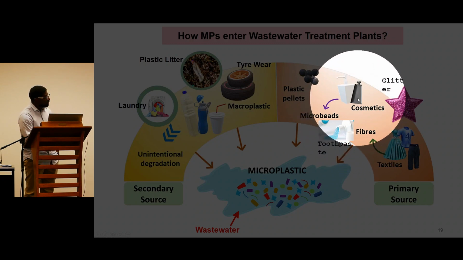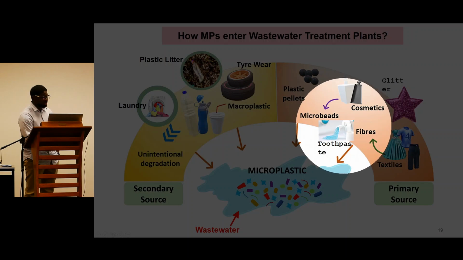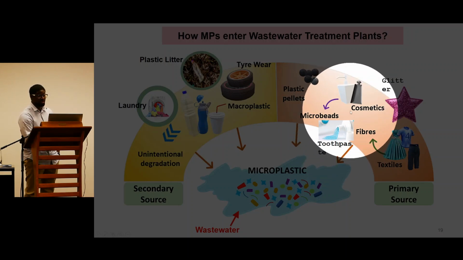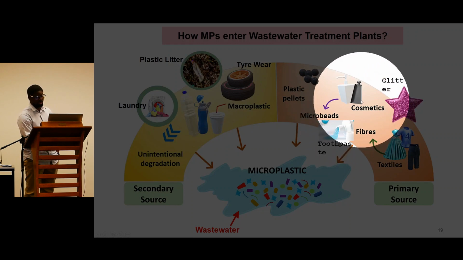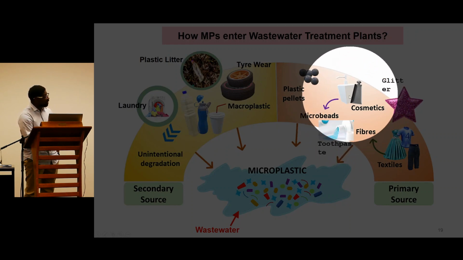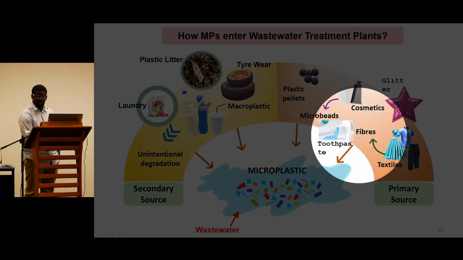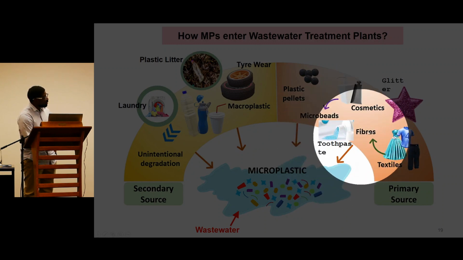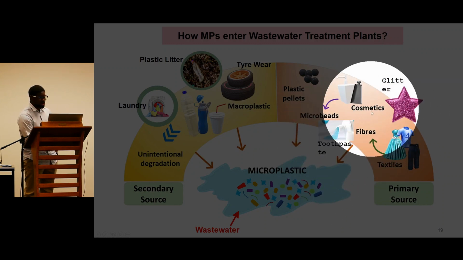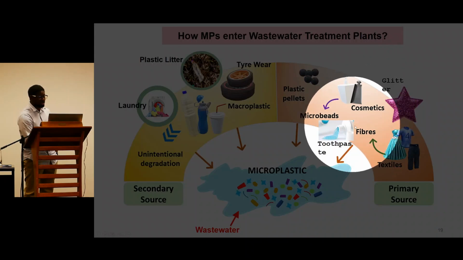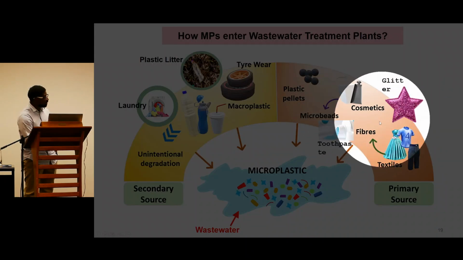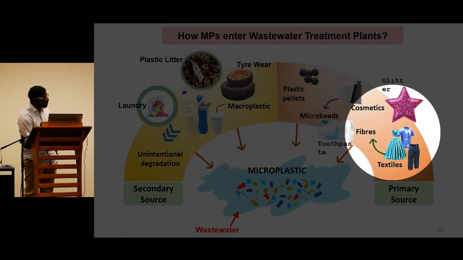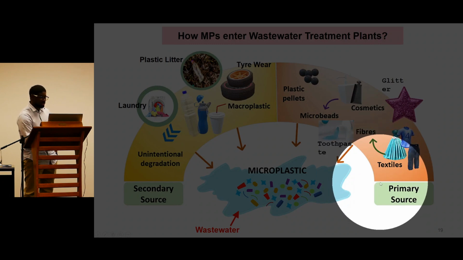These products are also known as rinse-off products, because after using them, you just wash them off in a few minutes. So they become part of the wastewater and are then sent to the wastewater treatment plant. You have glitters we use in parties, in cosmetics, you wash them off, they become part of the wastewater. And that is the primary source.